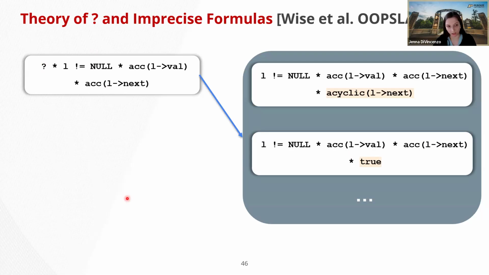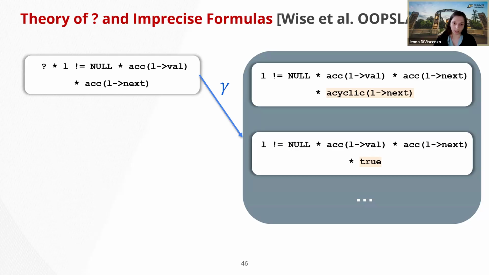representations or instantiations of this question mark, as long as they adhere to those conditions, which, like I said, is really important because when we use it in static verification, which we'll talk about in the next slide, this allows a ton of flexibility in terms of the context in which this imprecise formula shows up in multiple places in a program. Okay, but to get a little more context on the restrictions, because there are some restrictions: we are very flexible, and the point is to be as flexible as possible, but we want to put some important restrictions.